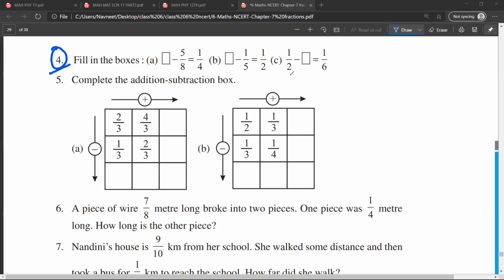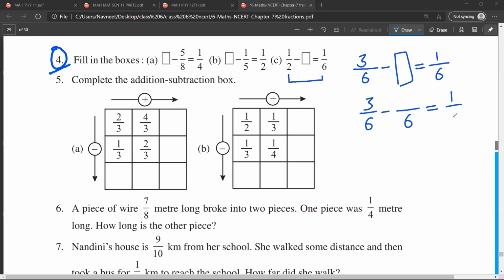Next question. LCM of 2 and 6 would be 6. So I can write 1 by 2 as 3 by 6. Shabash. Now this I can write as 3 by 6 minus something upon 6 is equal to 1 upon 6.